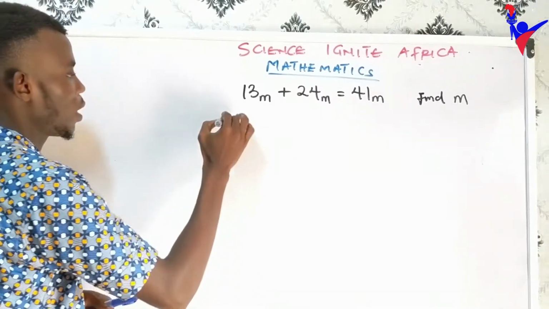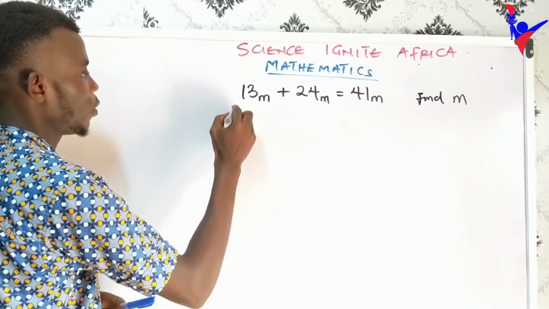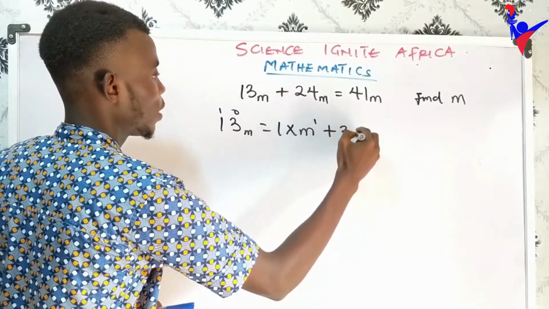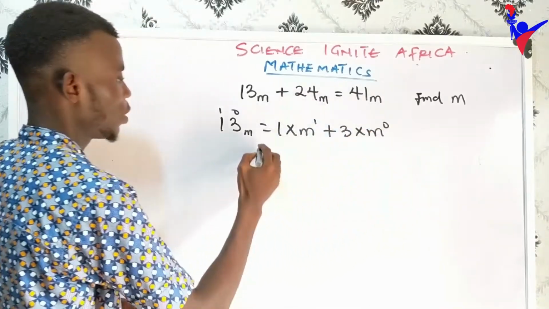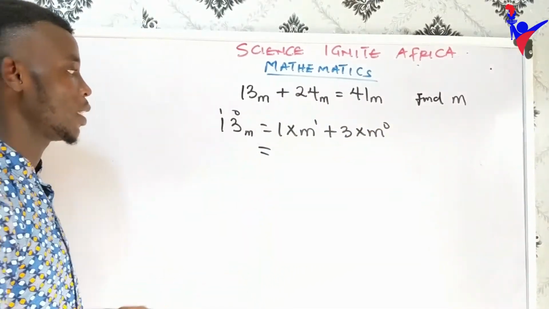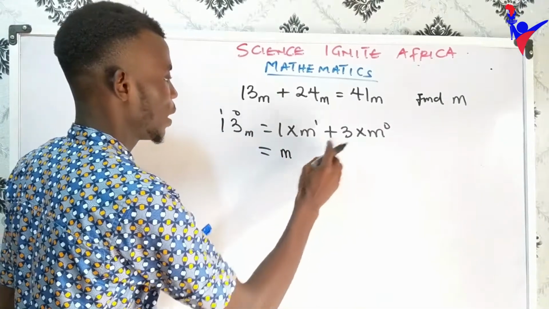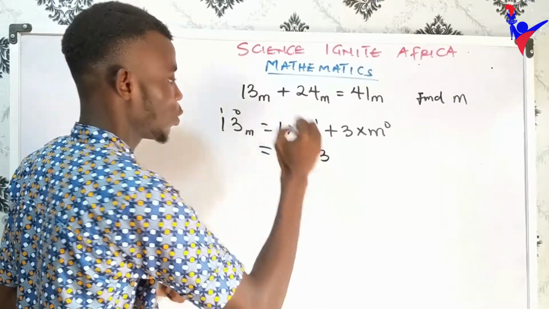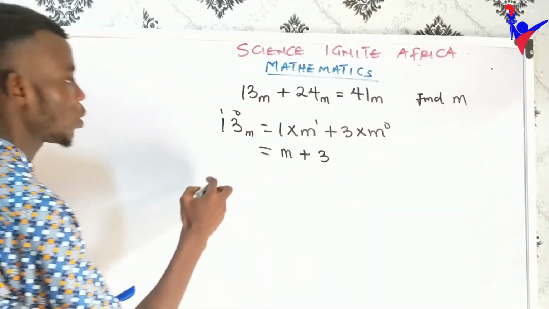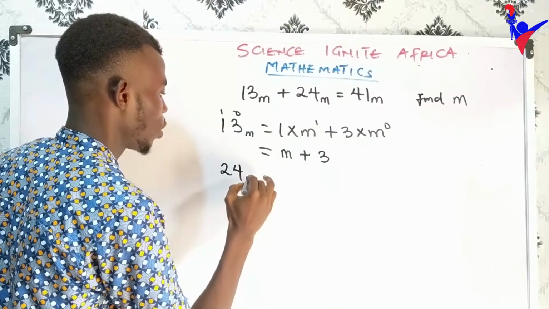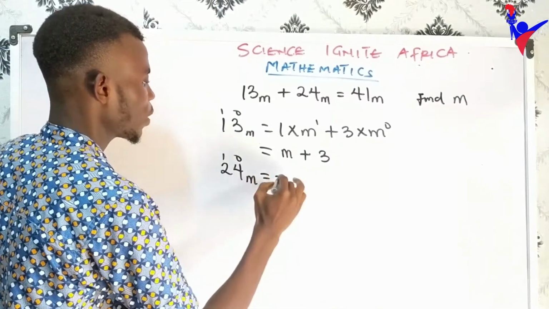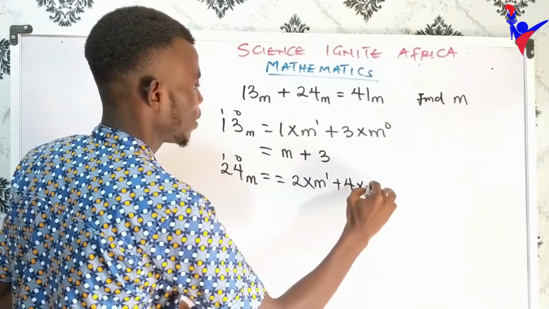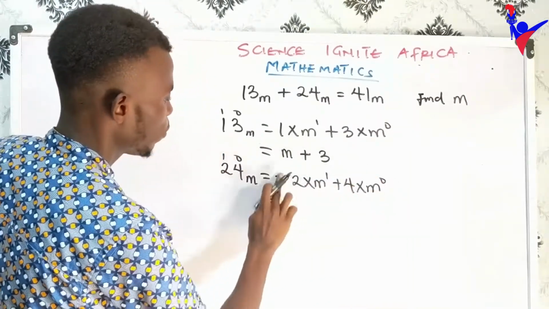So let's go. We have 13 base m, which is 1 times m raised to power 1 plus 3 times m raised to power 0. M raised to power 1 is m multiplied by 1, so we have m. M raised to power 0 is 1, times 3. This becomes m plus 3. Next, 24 base m will be 2 times m raised to power 1 plus 4 times m raised to power 0.